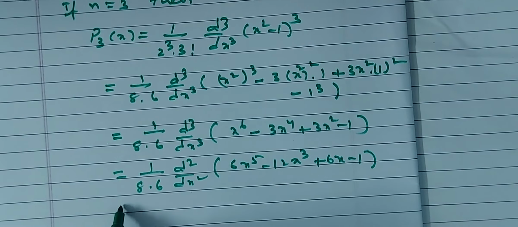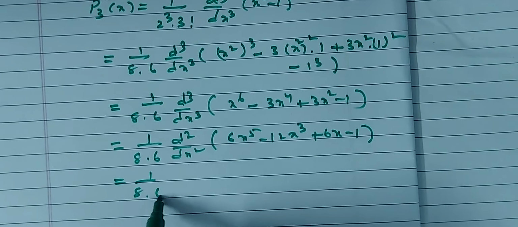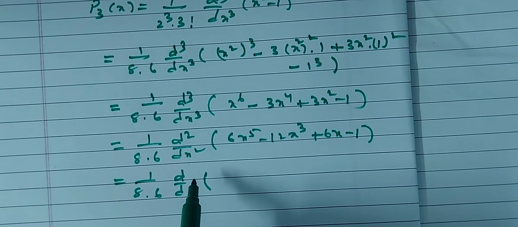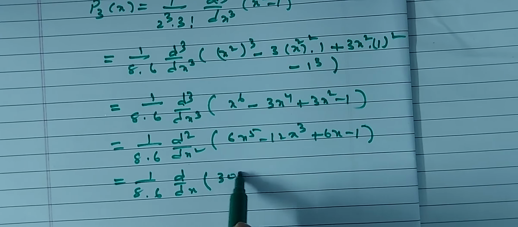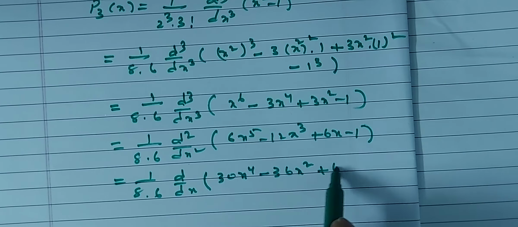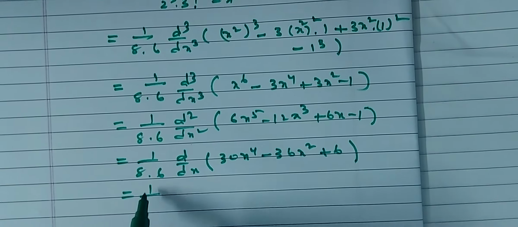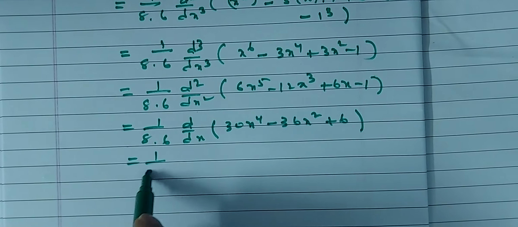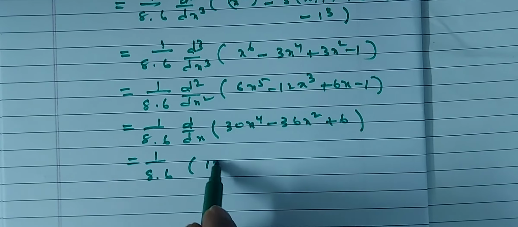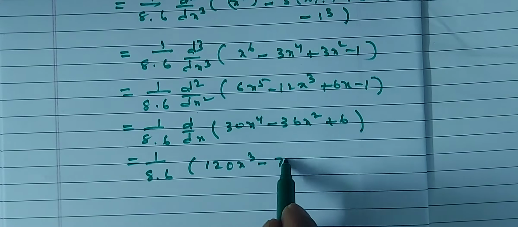That is 1 by 8 into 6 d by dx of 30x power 4 minus 36x square plus 6, which is 1 by 8 into 6 into 120x cube minus 72x.